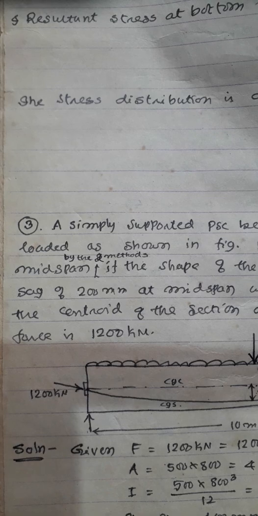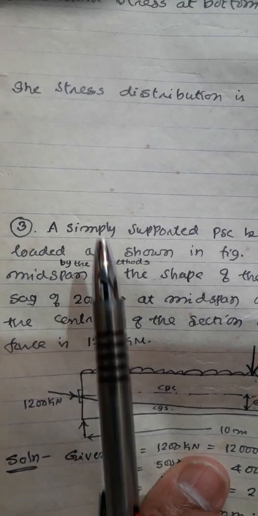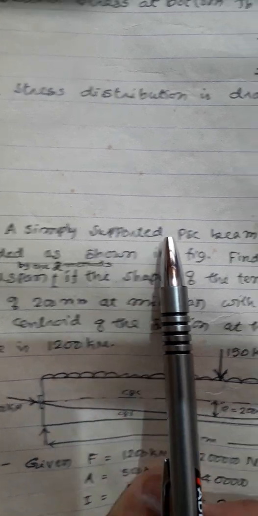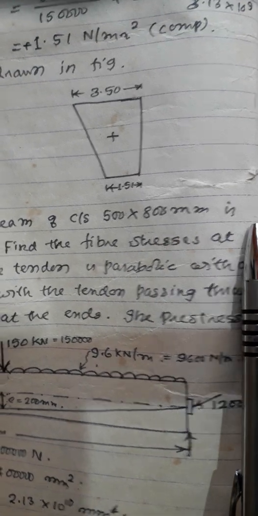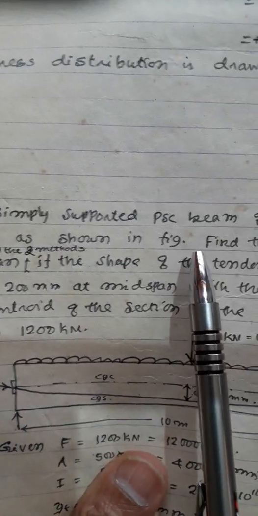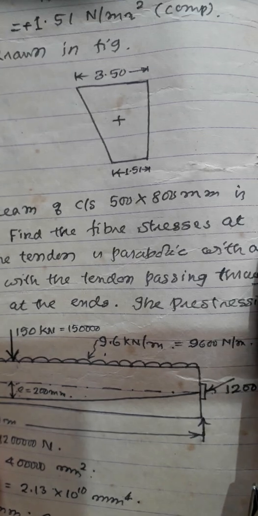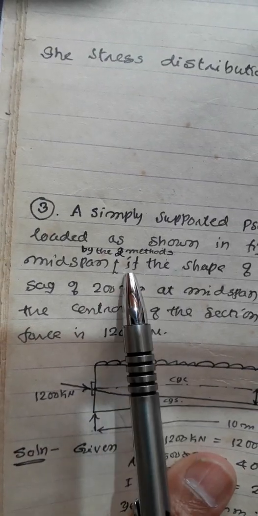Now we shall go to the second problem. I will read the problem now. A simply supported PSC beam of cross section 500 mm by 800 mm is loaded as shown in the figure. Find the fiber stresses at midspan by two methods.